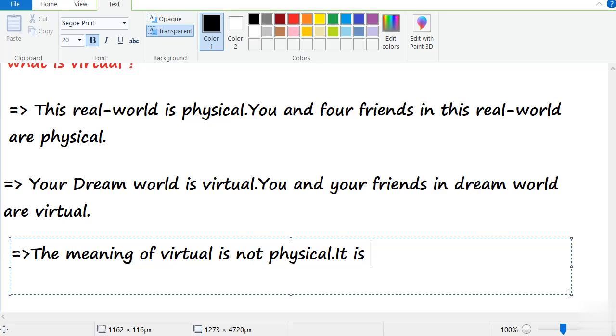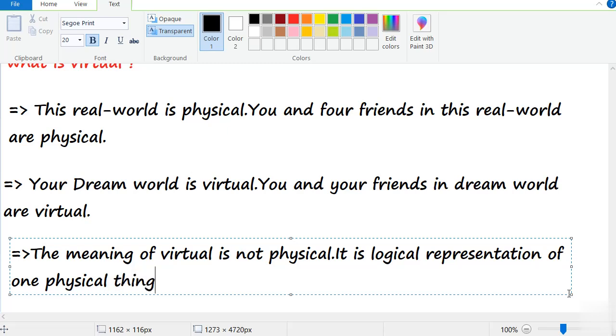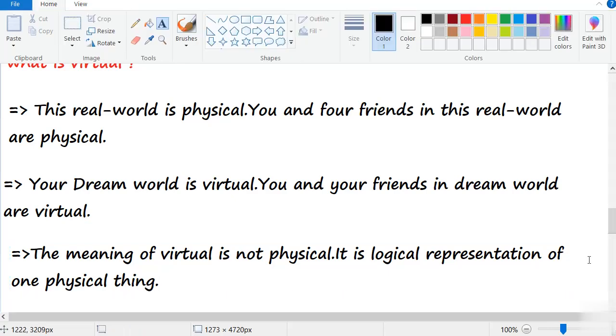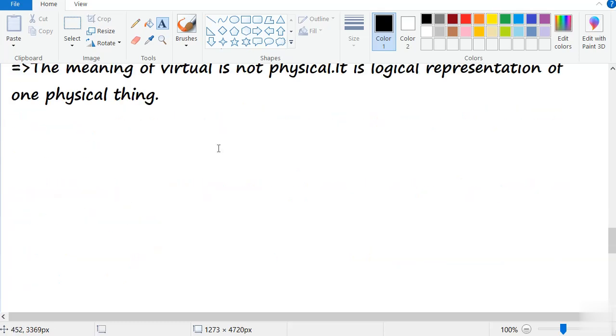It is a logical representation of one physical thing. All these points we have discussed. Just I am making a note about all this. So we have seen some examples of what is physical and what is virtual.